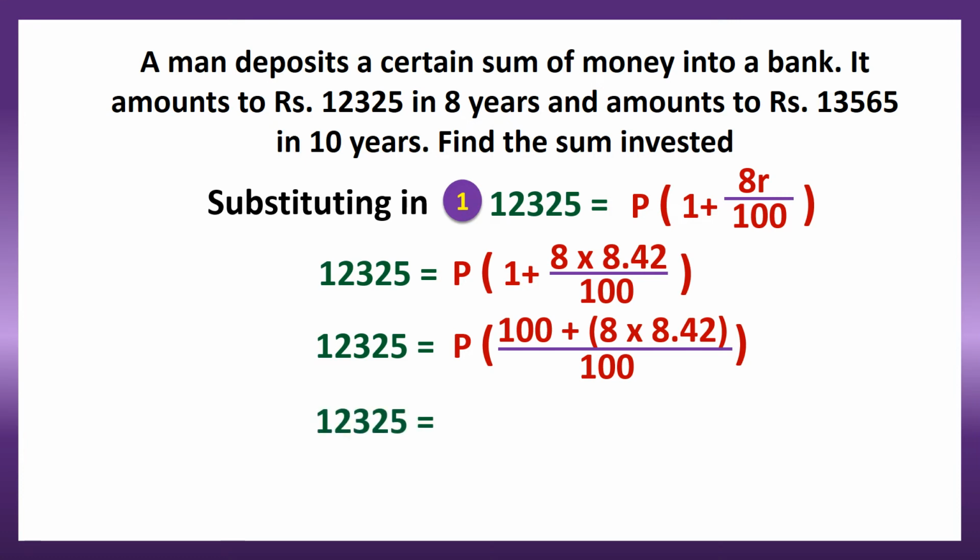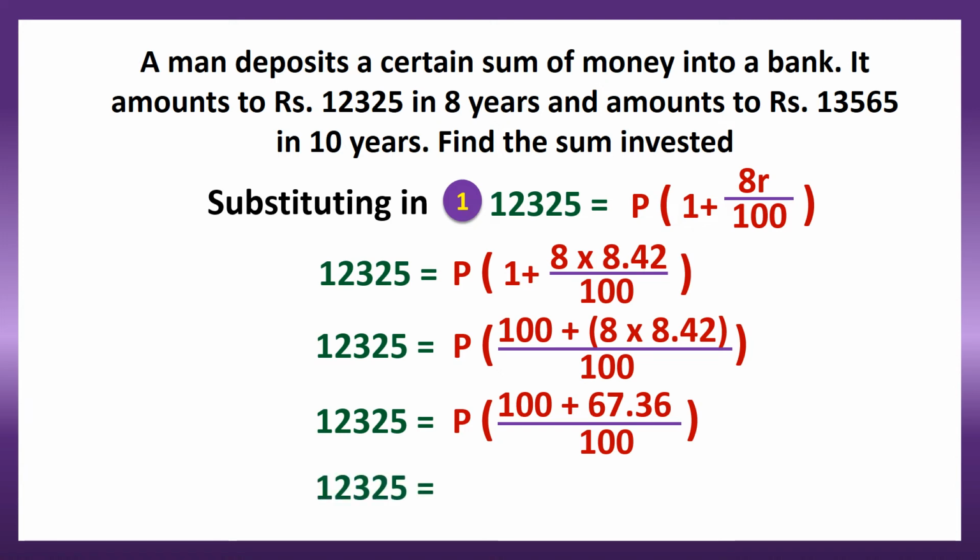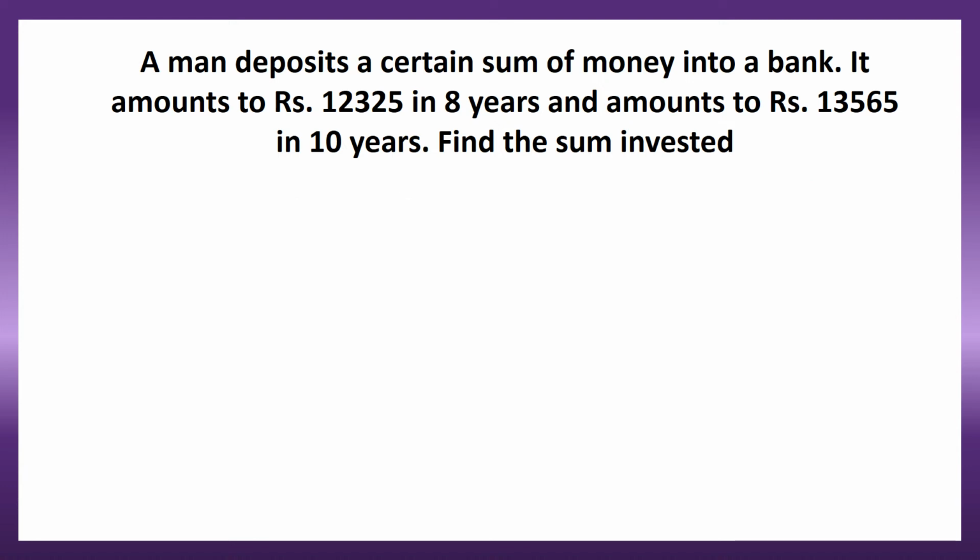That becomes 12,325 is equal to P into 100 plus 67.36 divided by 100. So P into 167.36 divided by 100. And dividing it by 100, we get the value as P into 1.6736.